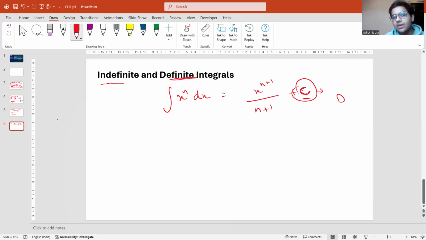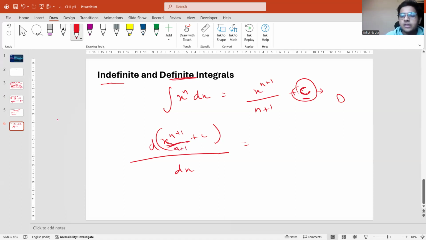So let's say I got this value x^n by differentiating some values. Let's say I differentiated x^(n+1) divided by n+1, plus c. What does it become? This gives me x^n, but the c gets differentiated and I get 0.